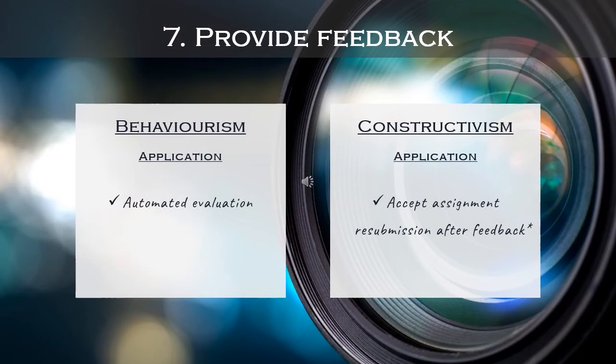So now the students have learned the content, they've done some work, and it's time to give them feedback. The interactive activities with behaviorism will be evaluated automatically. They will get their right or wrong answers right away within the program. Whereas with constructivism, I have this plan where I'm going to split their grade for the assignment into a main component, for example 20%, and a 5%.